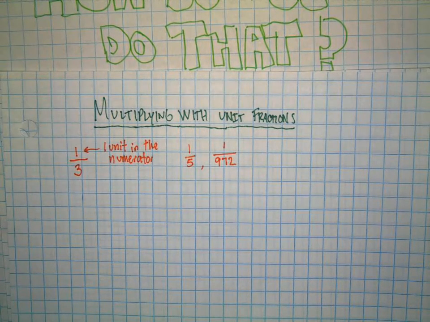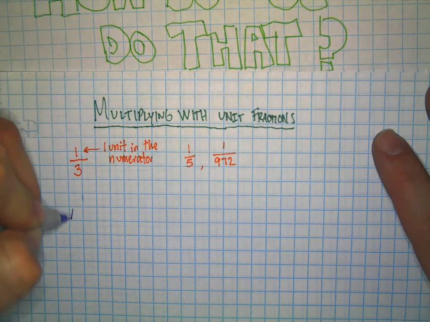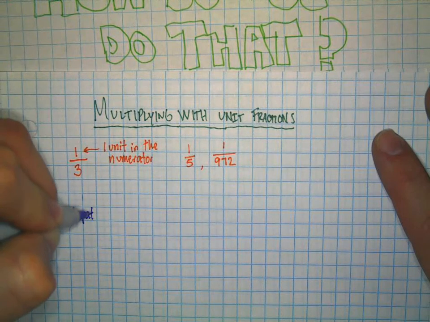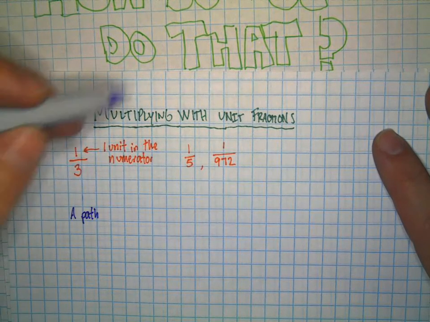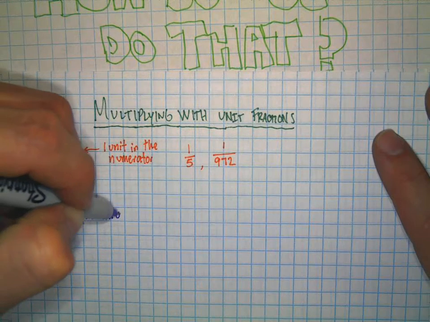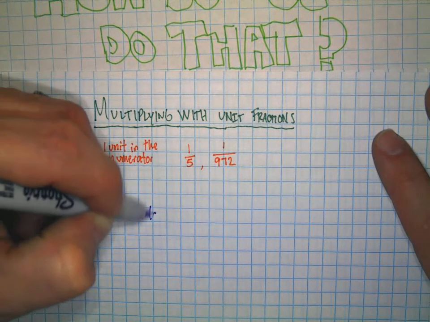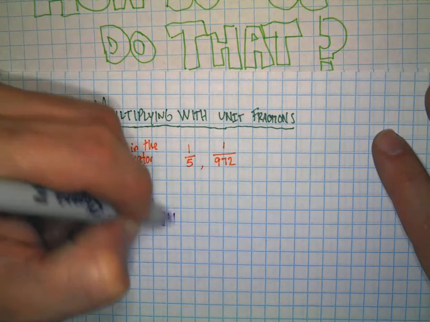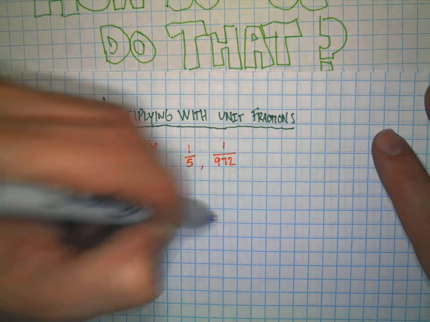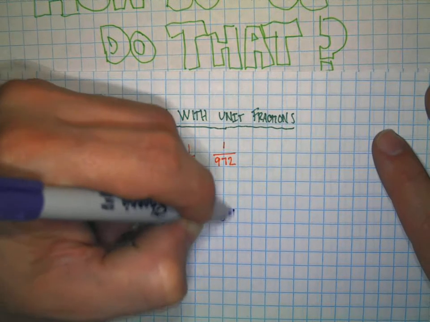Well, let's take a look at a problem here. So, for instance, what if we had a problem where we were going to run around a path? A path around a large park is 8 kilometers.